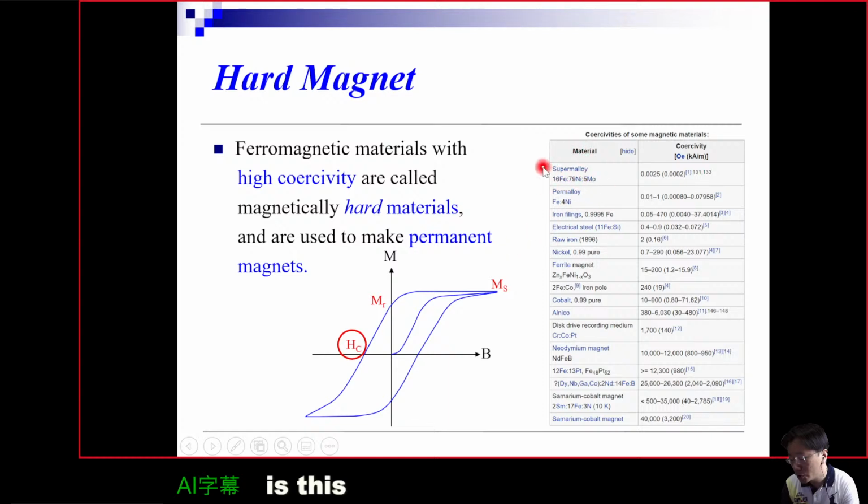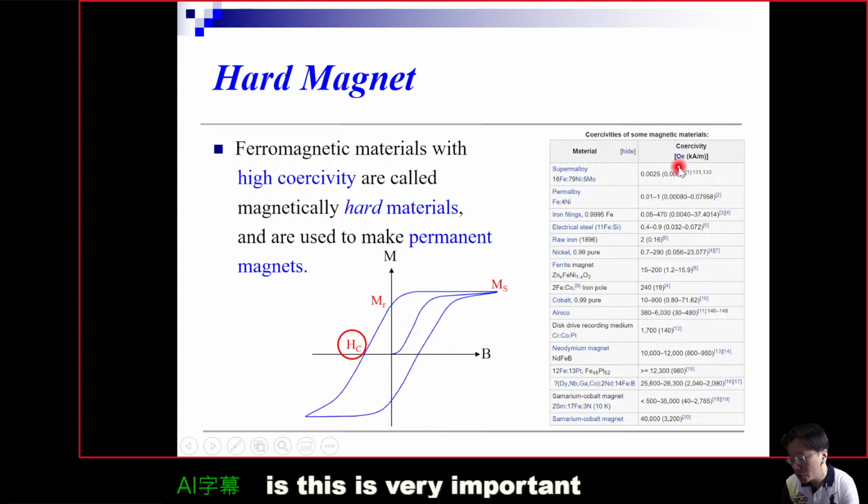The first one is called supermalloy, which is a very weak magnet. It only has a coercivity of 0.0025 Oe. Maybe you are not so familiar with the unit Oe, but it is equivalent to the Gauss.